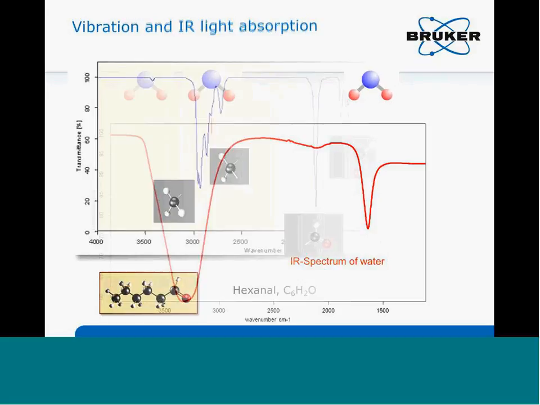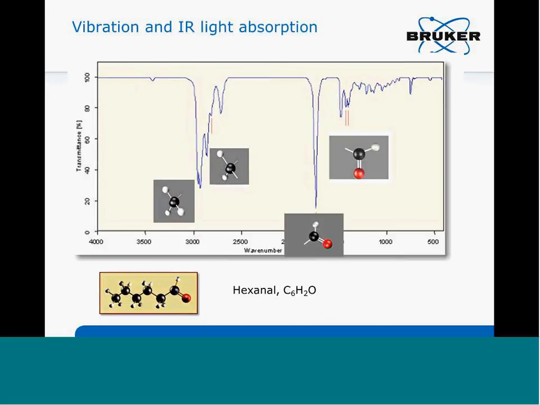Now let's switch to a complex molecule. In the example of hexanal, you can see more bands appear, and each specific band in the spectrum can be assigned to a specific molecular vibration, like CH3 stretching, carbonyl vibration, and so on, or to the vibration of a bigger molecular chunk, like backbone vibrations.